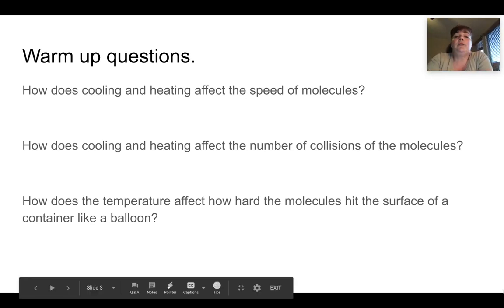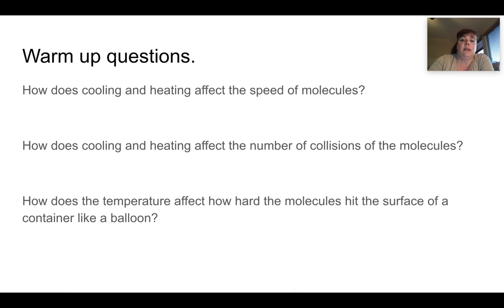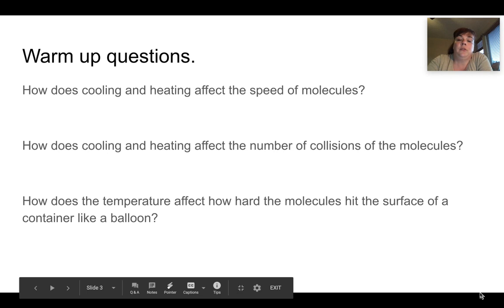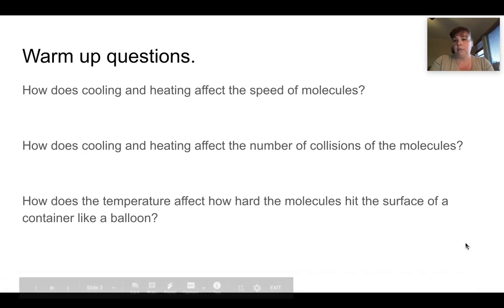Okay, next, how does cooling and heating affect the number of collisions of the molecules? Okay, so let's stop and think about this. If I have a whole bunch, let's pretend our whole class is on the bumper car ride. You guys have played bumper cars before, right? Okay, I'll see if I can find a video to stick in here with that.